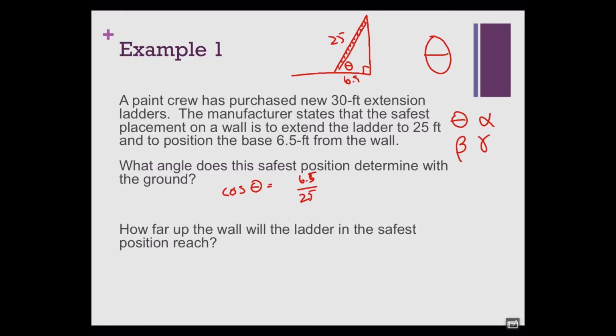Cosine is adjacent over hypotenuse. I know the adjacent side. I know the hypotenuse. How do I get theta by itself? I multiplied everything by the inverse cosine. Okay, just technically speaking, you didn't multiply it by, you took the inverse of both sides, but splitting hairs. If I do it to one side of the equation, basic rule of algebra, I have to do it to the other side, and look what I did. I was so smart I left space in there.